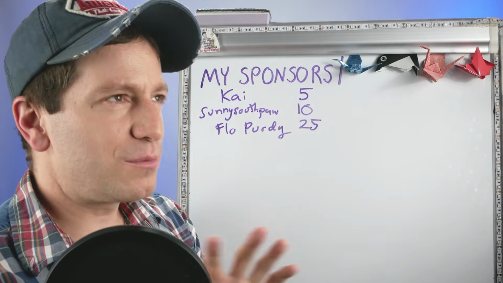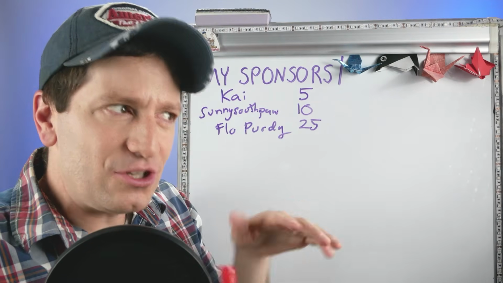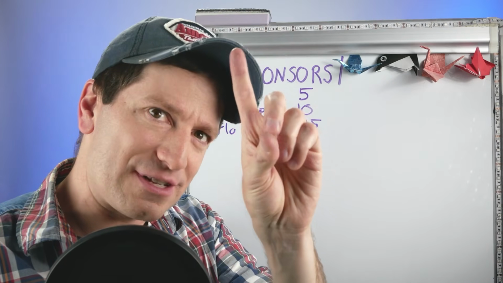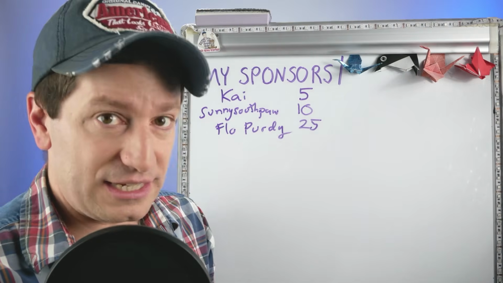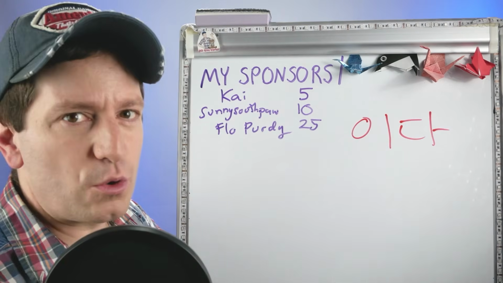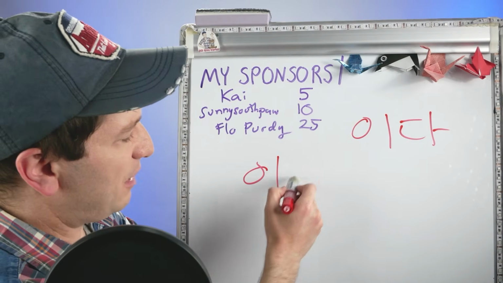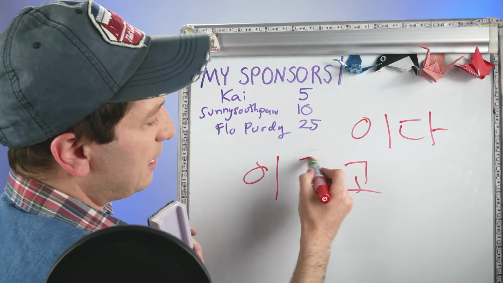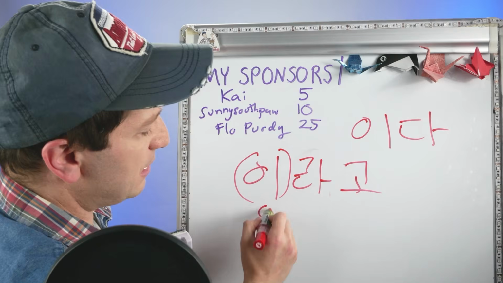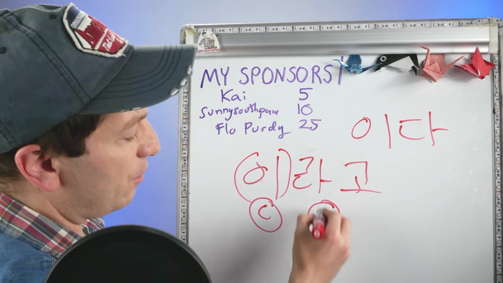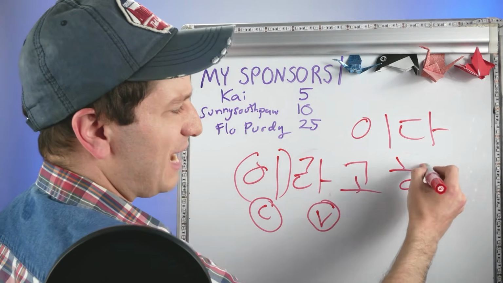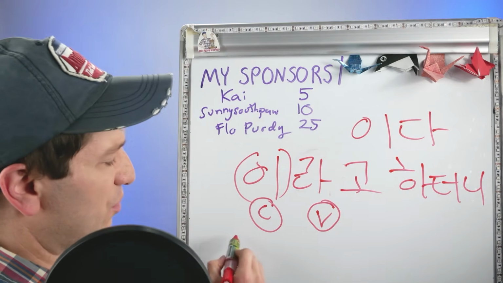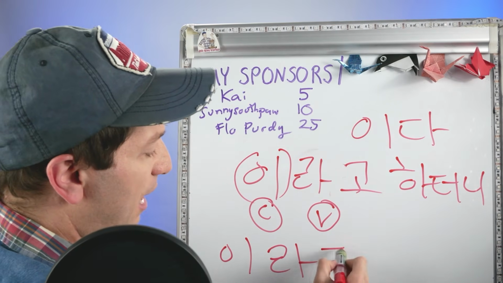So I said that form uses the quoting plain form, which looks exactly like the regular plain form, but there's two differences, and that is with the verb 이다, to be. When you make a quote using 이다, you don't use the plain form of it. You don't use 이다고. You'll use 이라고 after a consonant or 라고 after a vowel. And then you would do 하다. So you'd get originally 하더니, right? 이라고 하더니, which shortens to 이라더니.